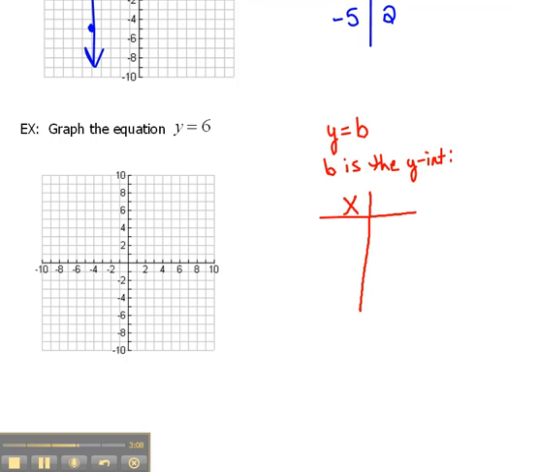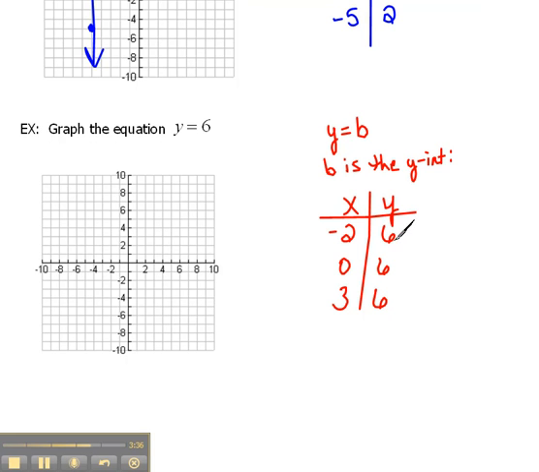Again, if I were going to draw out an x and y chart, here I can choose values of x, say maybe -2 and 0 and maybe 3. Anything I want to. Well, it says that the y value is 6 no matter what. So it doesn't really matter what x is. The y value has to be 6 each time.